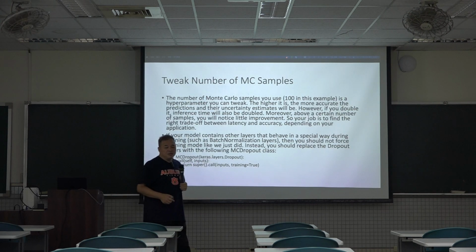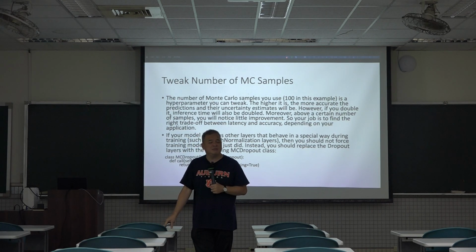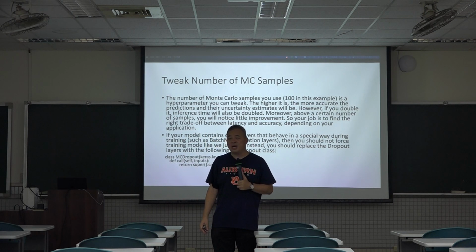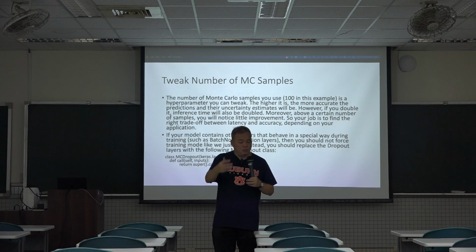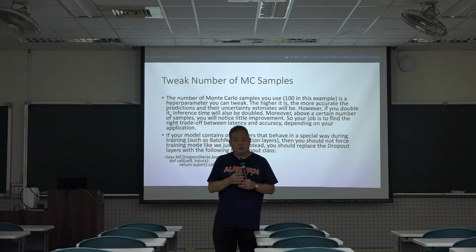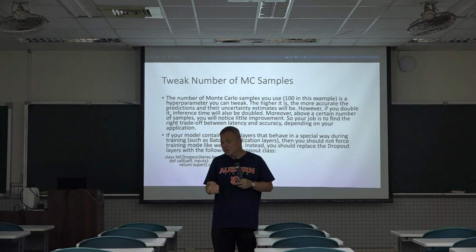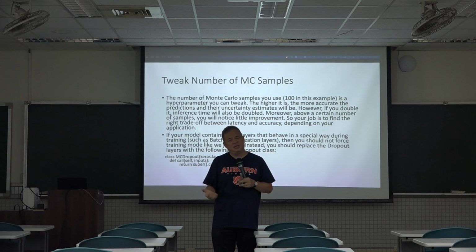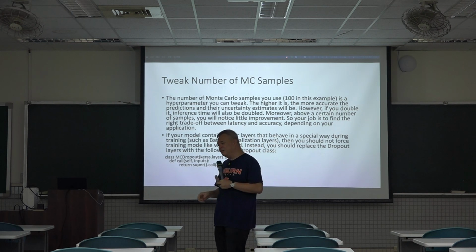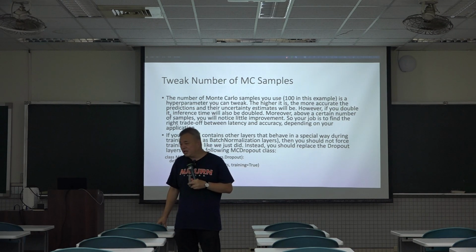Of course, how many inferences do you want to apply in MC dropout? In the example I just showed you, we used 100, so for every instance we run inference 100 times. Obviously, the more times you run inference for each instance, the accuracy increases a little bit, but at the same time you spend more time on inference.